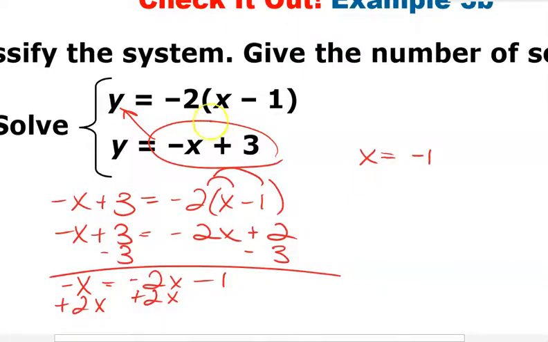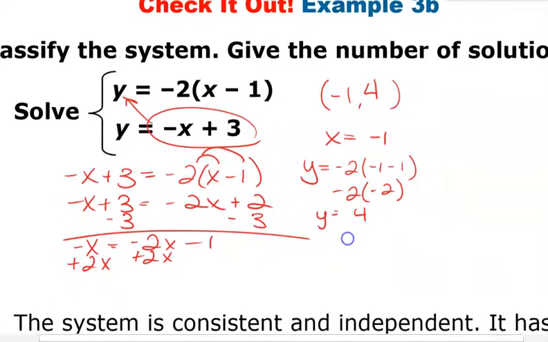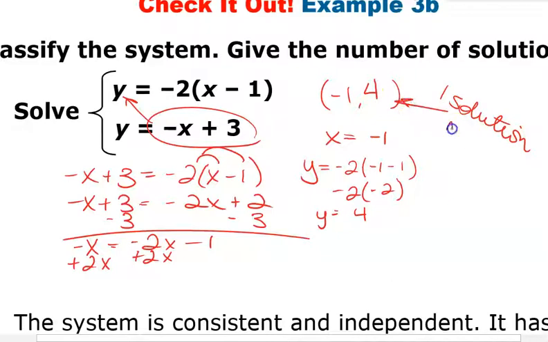And I can plug it back in. Let's plug it back into the first one just for funsies. And just solve. And so it looks like we get y equals 4. So this has how many solutions? 1 solution. That one. It's consistent. And it's independent.